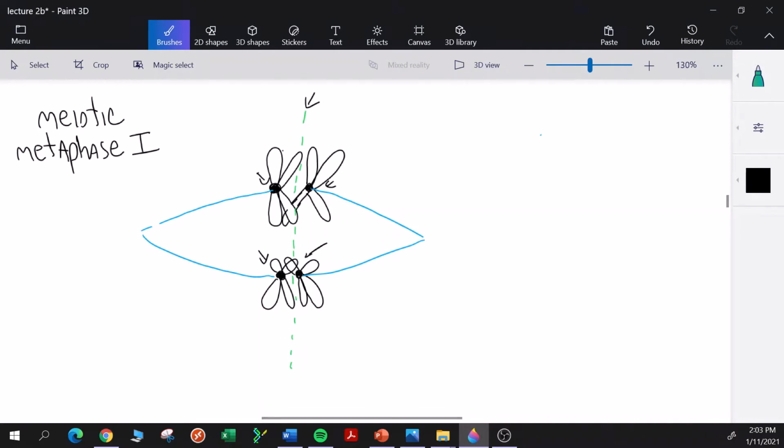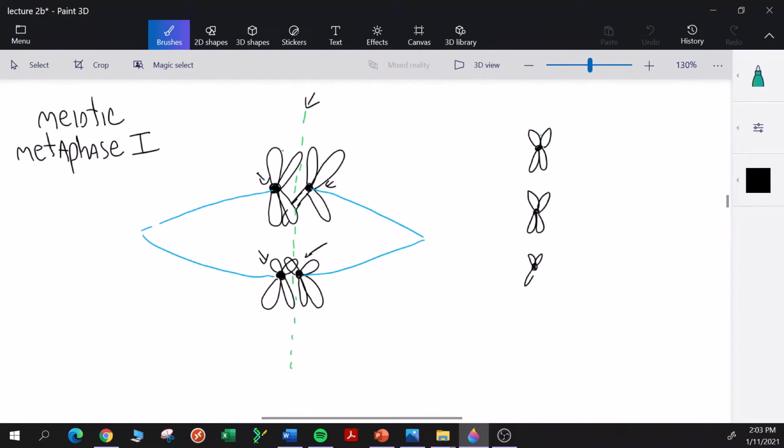So at this point, you should ask yourself, what if I asked you to diagram these chromosomes during mitotic metaphase? What would that diagram look like? Essentially, we don't know what order the chromosomes will be in along the metaphase plate, but they will be one on top of the other.